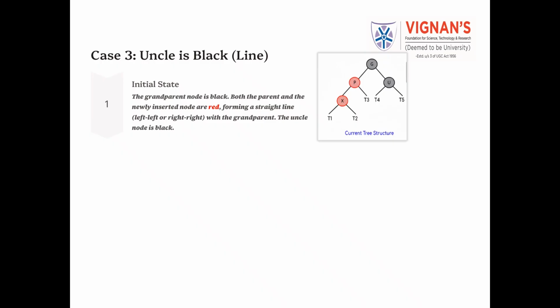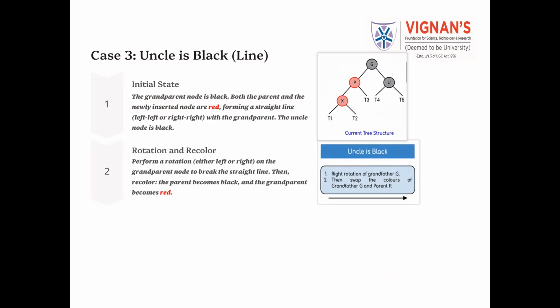Case 3. When uncle is black and forms a line. Initial state. The grandparent is black. The parent and newly inserted node are red, forming a straight line with the grandparent. The uncle is black. Rotation and recolor. We perform a rotation on the grandparent node to break the straight line structure.